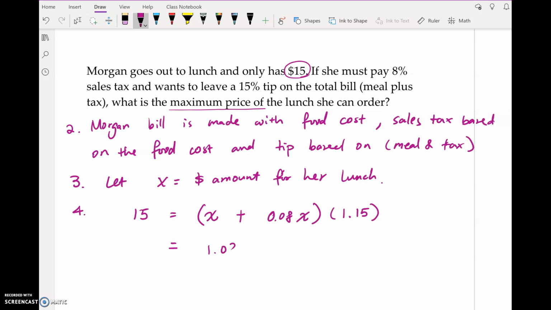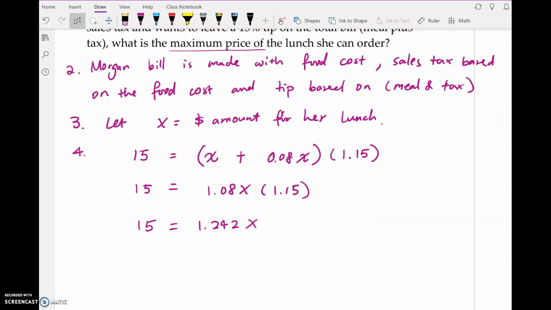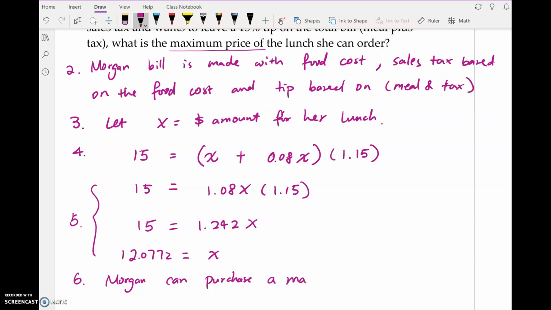By combining the like terms, and then we got the dollar amount for the lunch, $12.07, 7 cents for the lunch.